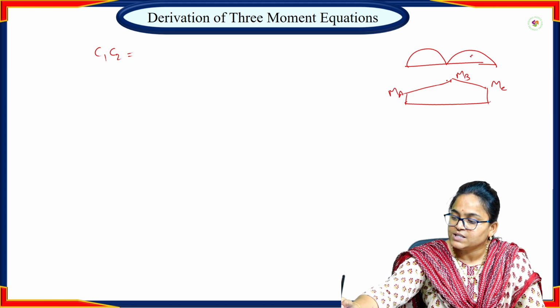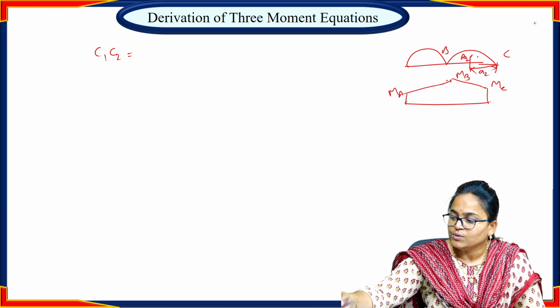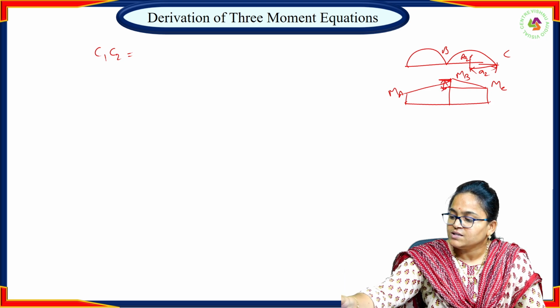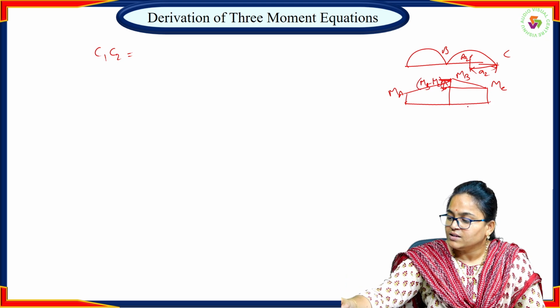So that is this one for BC span. This is, let us assume A2. This is area A2. Now we want this height for, in case of fixed BMD, that is MB minus MC, and this span as L2.